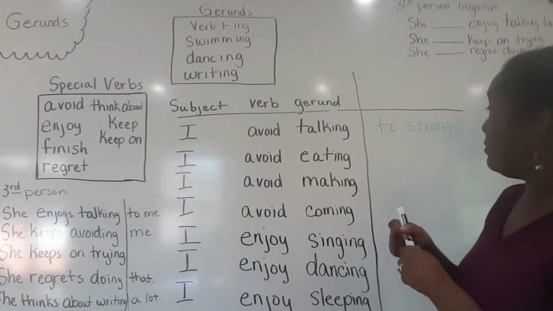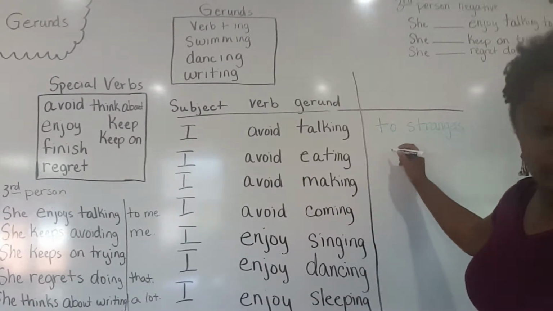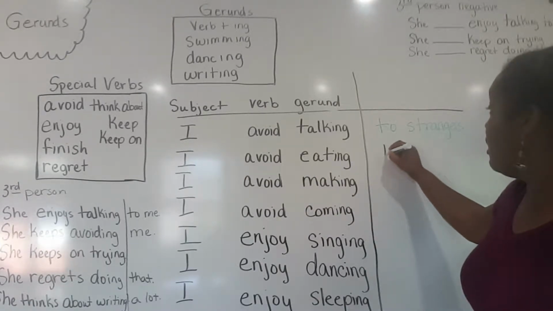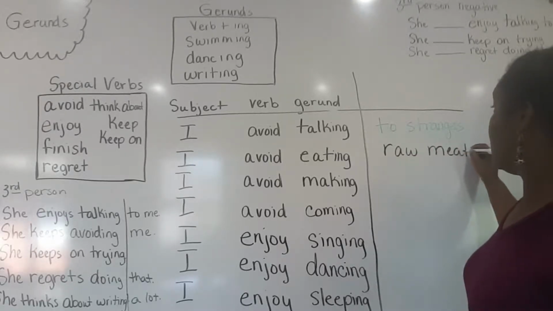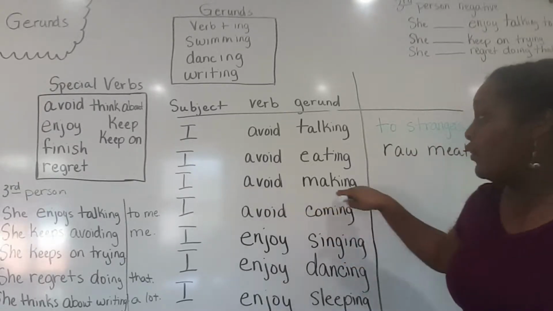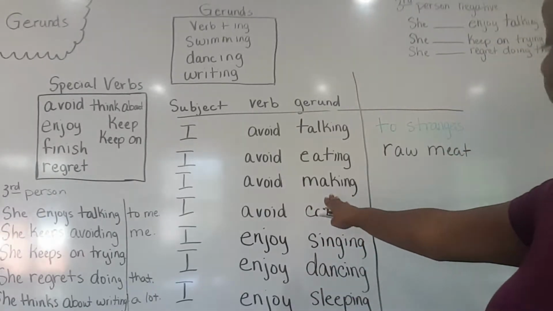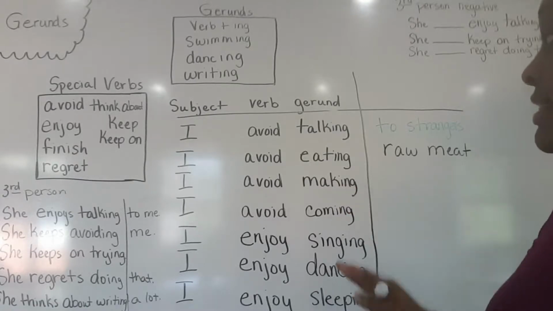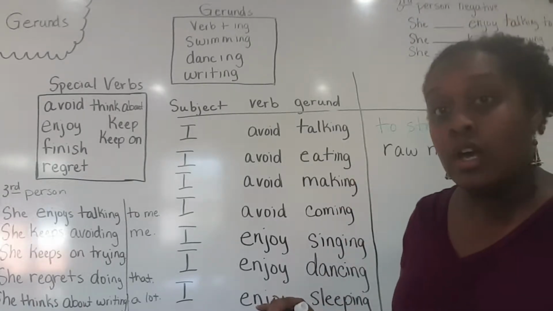I avoid eating raw meat. But this one, I avoid making, does not make sense by itself. If you just say, I avoid making, that is not a complete sentence. So you have to complete that.